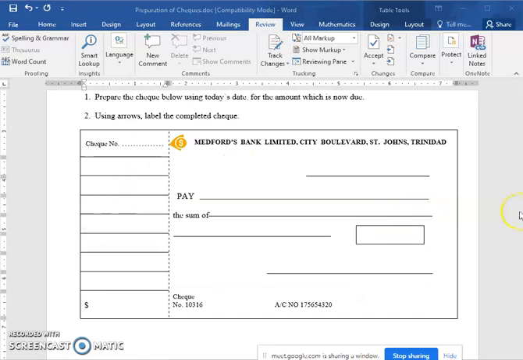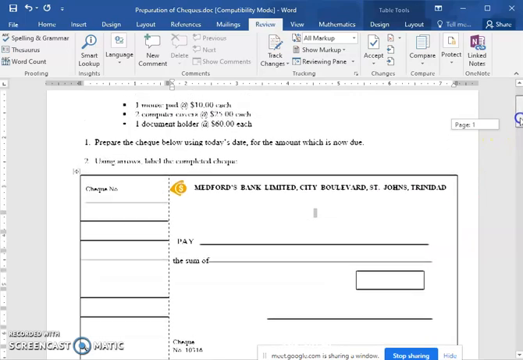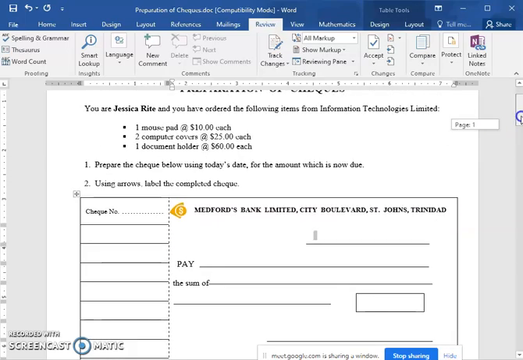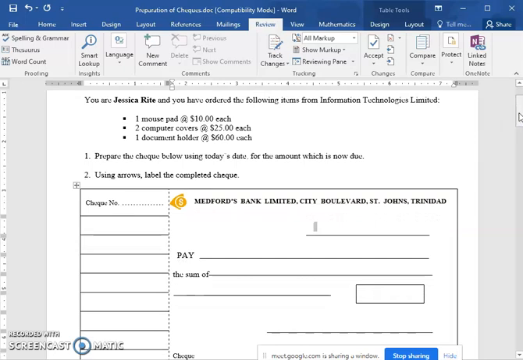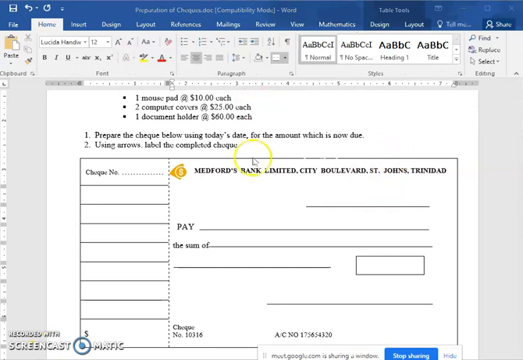Right, so we need to complete the check to show the amount due and who we are paying it to, which goes here, who is signing the check, the amount in figures goes here, and the amount in words goes here. I'm giving you a few minutes. Look at the information again. Draw the diagram of the check into your books if you have to, and complete the check.